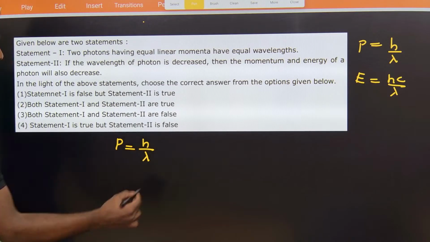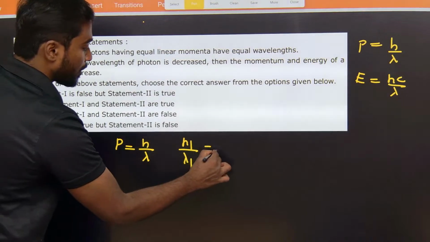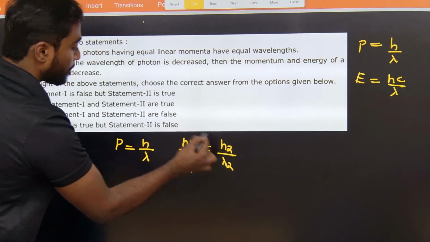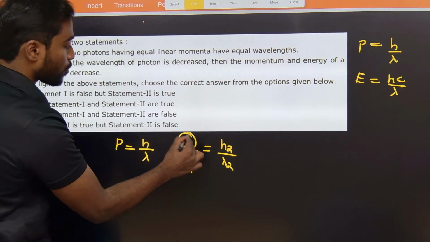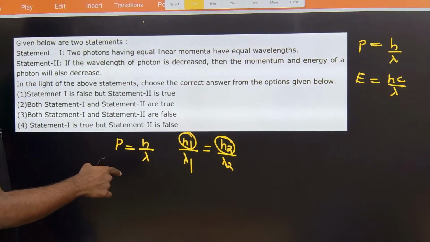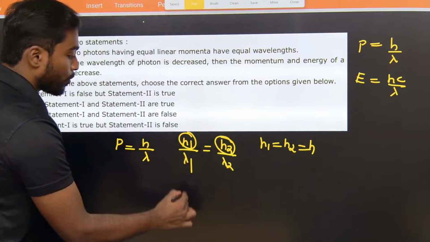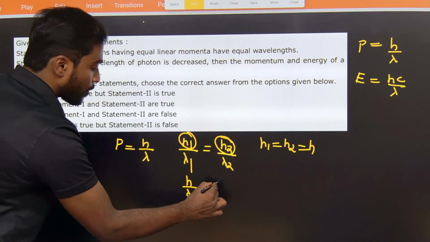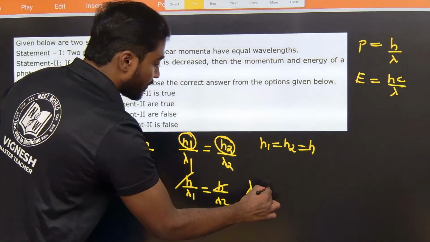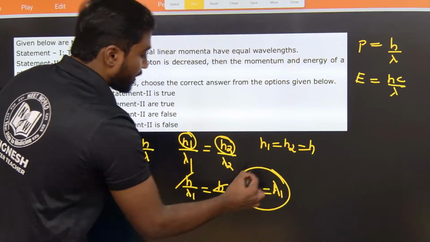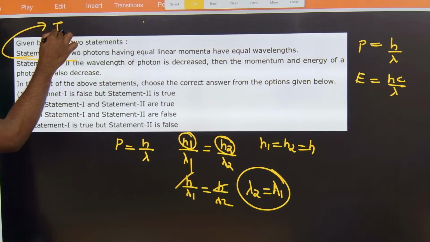So h1 by lambda 1 should be equal to h2 by lambda 2. I take h1 and h2 as h. So h by lambda 1 should be equal to h by lambda 2, h and h get cancelled, so lambda 2 is equal to lambda 1. Yes, statement 1 is true.